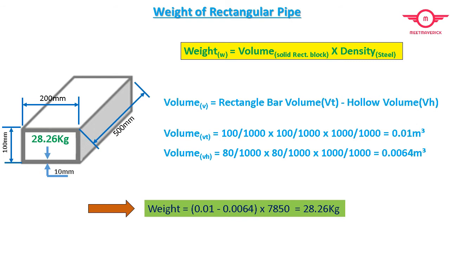And Vh, hollow portion volume, is 80 by 1000 into 80 by 1000 into 1000 by 1000, which is equal to 0.0064 meter cube. So weight is (Vt minus Vh) into density, so it's (0.01 minus 0.0064) into 7850, which is equal to 28.26 kg of that pipe.